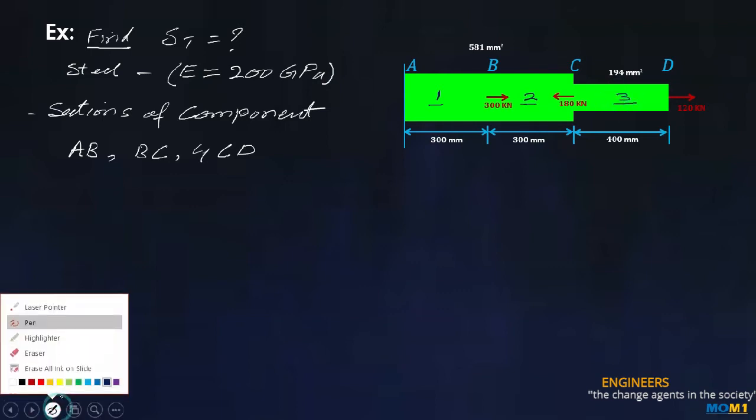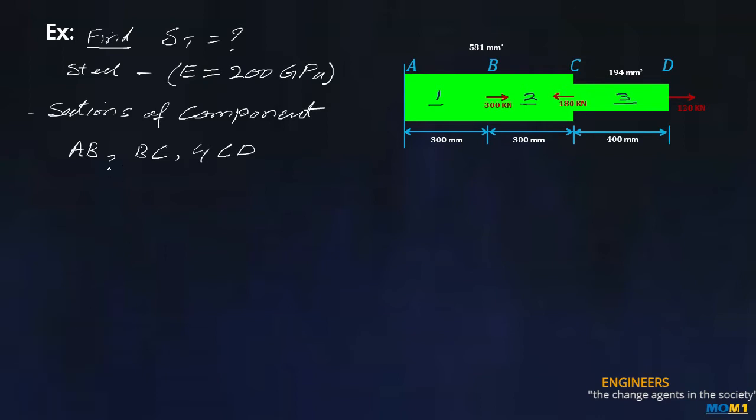So actually we have to calculate the deformation for section AB, that is represented with 1. Then we have to calculate the deformation in section BC, that is deformation 2, and the deformation in section CD, that is deformation 3. So total deformation of the complete component is going to be deformation in 1 plus deformation in 2 plus deformation in 3.